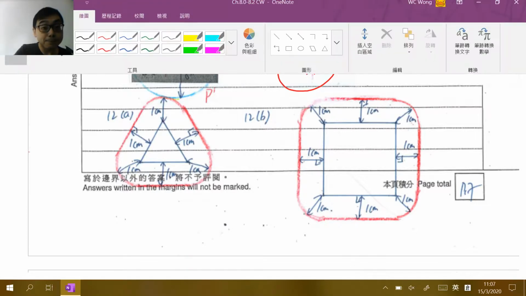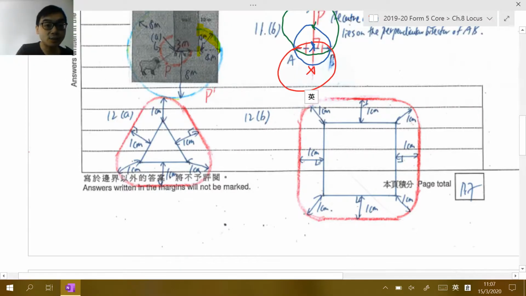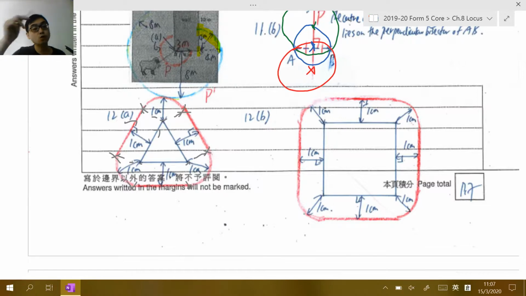The line segment should be stopped when the point reaches the position in parallel to the vertex. For example, here, when we say this one is parallel, it reaches here and reaches here. After this, you stop the line segment, and then you have some endpoints, for example here, here, here, here, and then here and here. After this, you join these endpoints by using the circular curve. Then you can get the answer.